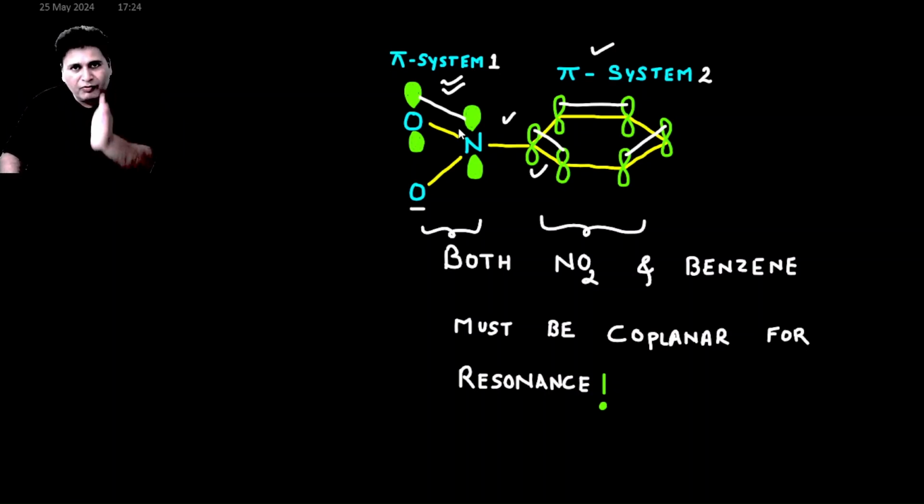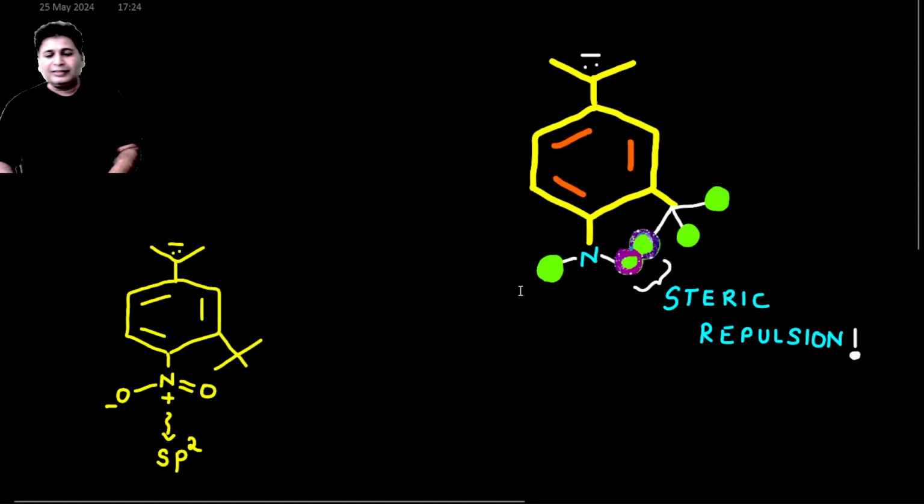The pi system 1 becomes perpendicular to the pi system 2, and that is the case of steric inhibition of resonance. Then the pi bond of the NO2 will no longer be in conjugation or in resonance with the pi system of the benzene ring, and we will see that this situation will arrive in one or two of our cases. Now, you understand, I have started with case A.